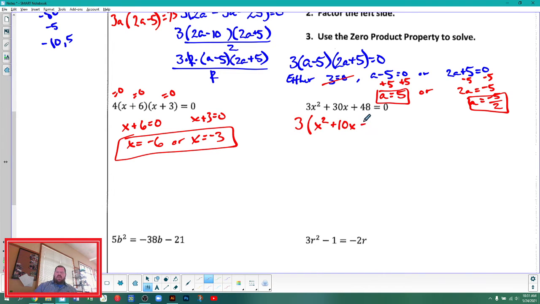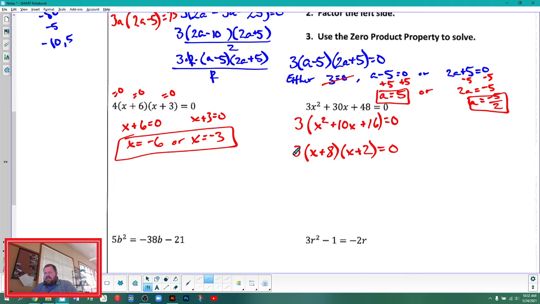Okay, that's going to make life easier, factoring out that common factor of 3 first. So I need two things that multiply to give me 16 and add up to give me 10. I think that's going to be 8 and 2. So we get x plus 8 and x plus 2. Kind of fast tracking the factoring step there, but go ahead and check it out and see if I'm right.